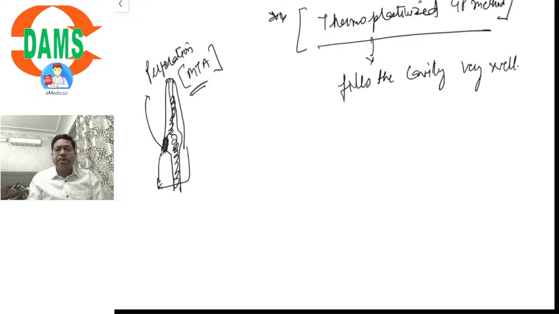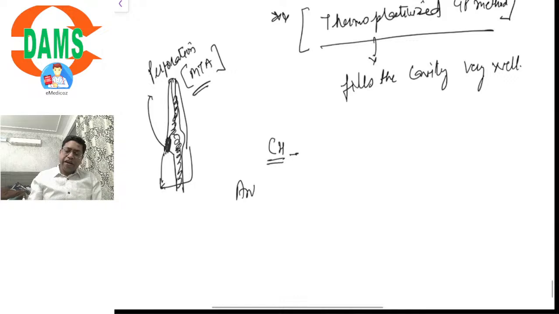One important point that we have to remember: I have talked about intracanal medicament, calcium hydroxide, which is routinely used for cases. Instead of that, one anti-resorptive intracanal medicament can be used.